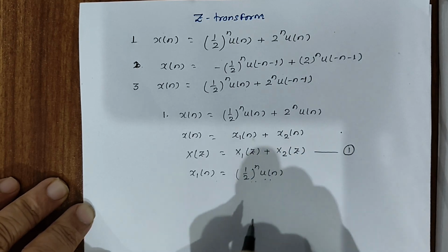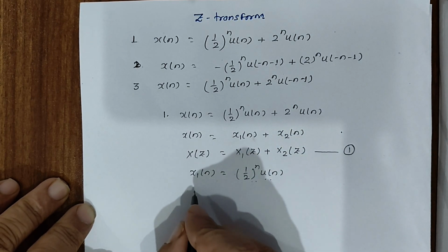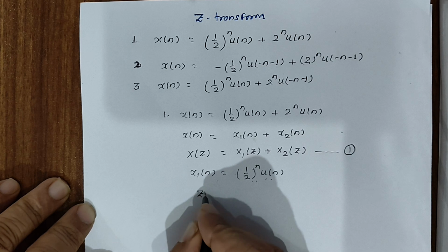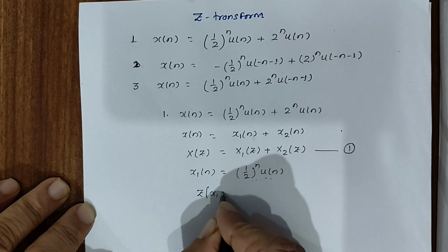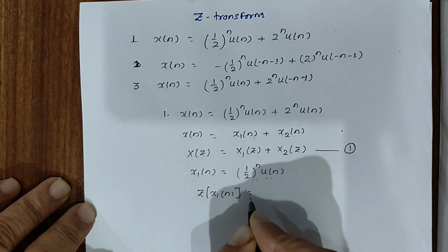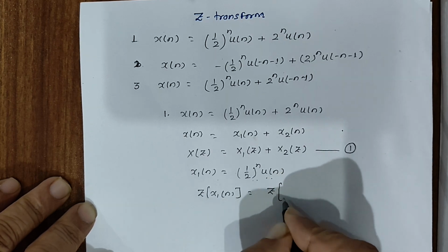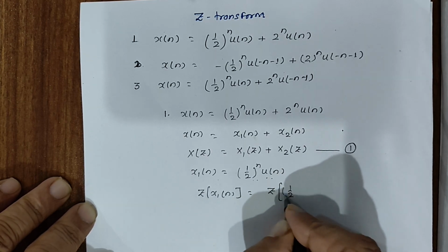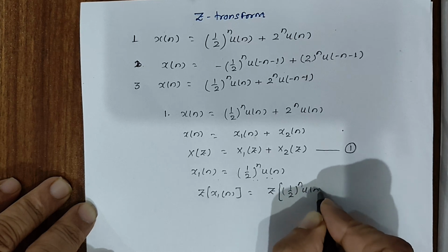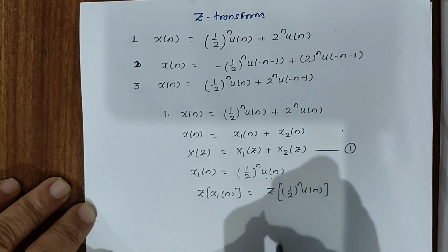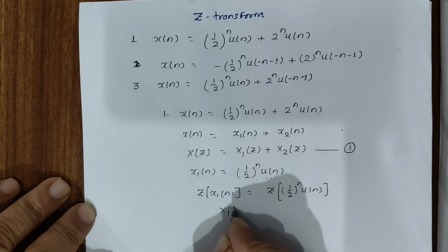Already we discussed this. So the Z transform of x1 of n is nothing but the Z transform of (1/2)^n u of n, and this is X1 of z.